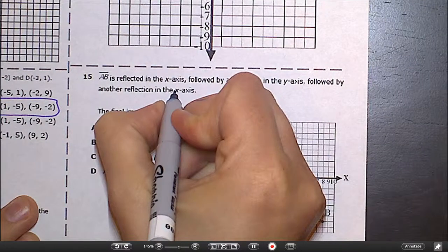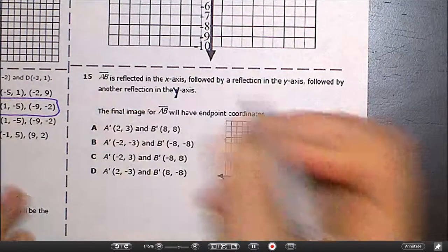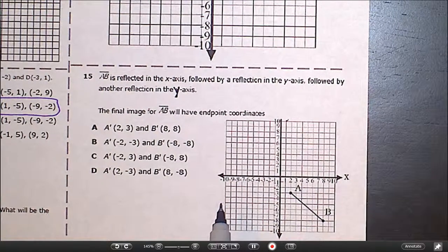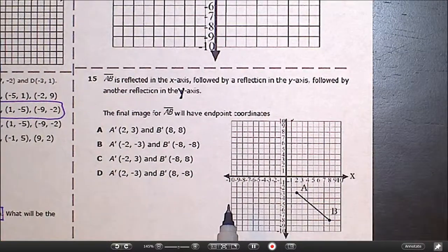This should say y-axis, so please change that for me. First, we're going to reflect it across the x-axis and draw that, and then reflect it across the y-axis and draw that. Once you have both of those drawn and labeled, then you will be able to pick the final points of A and B.